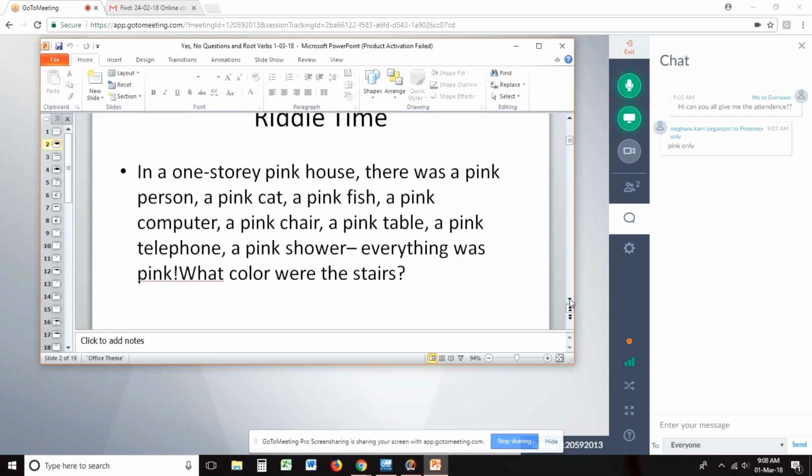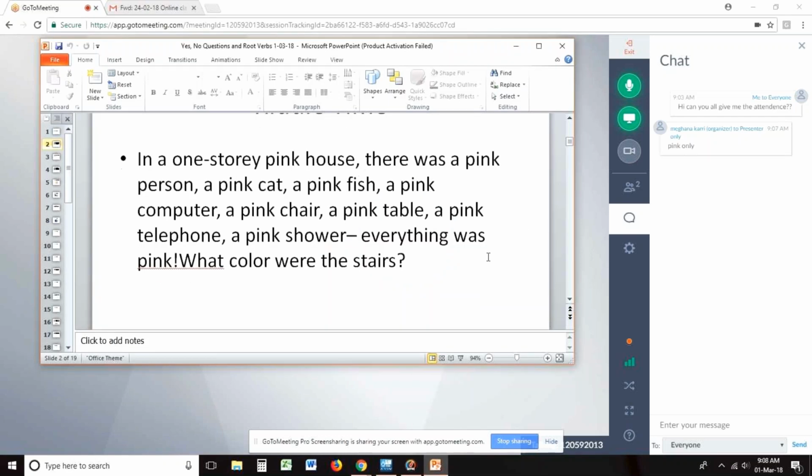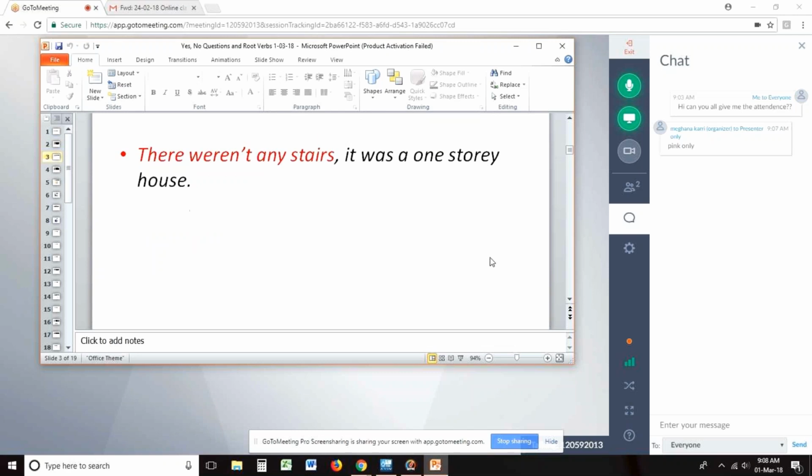And the answer is that there weren't any stairs because it was a one-story house. So a one-story house doesn't have a staircase. So there weren't any stairs there.